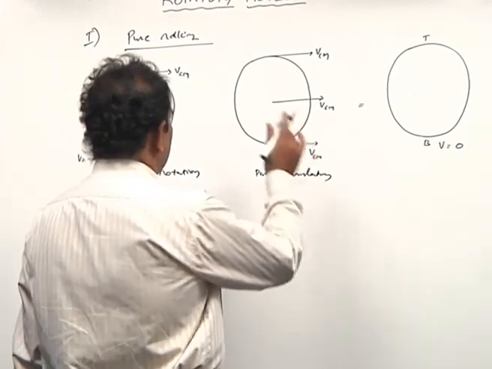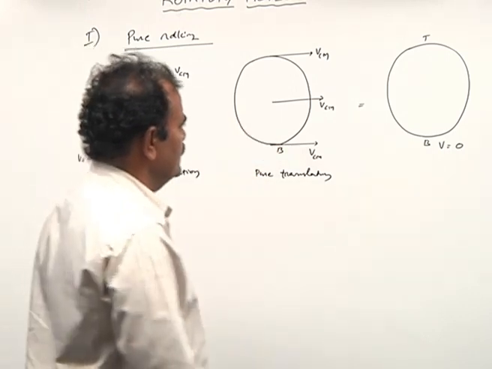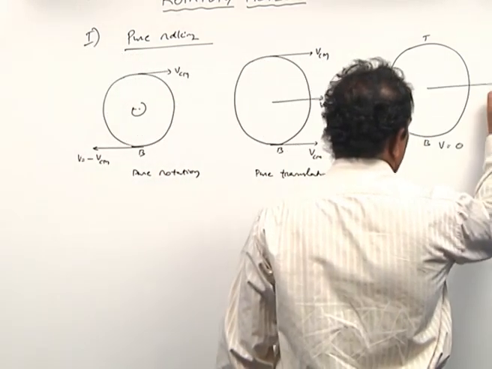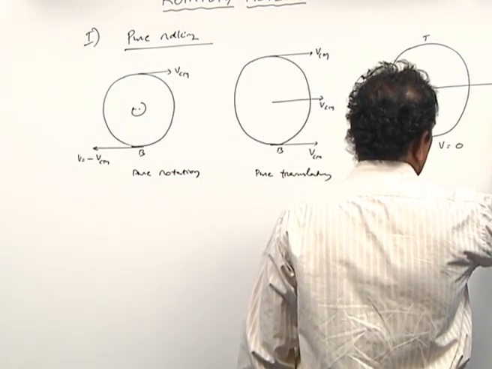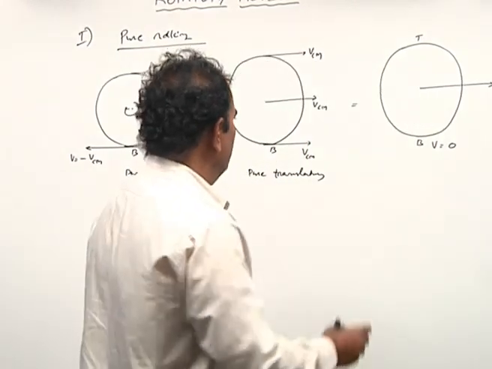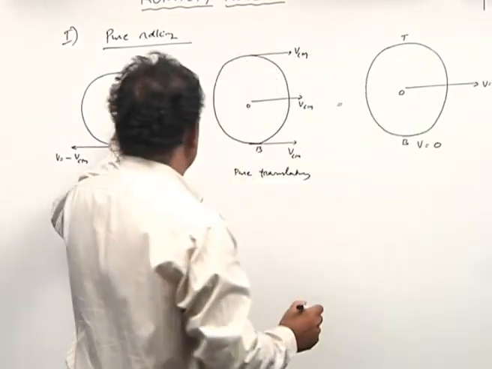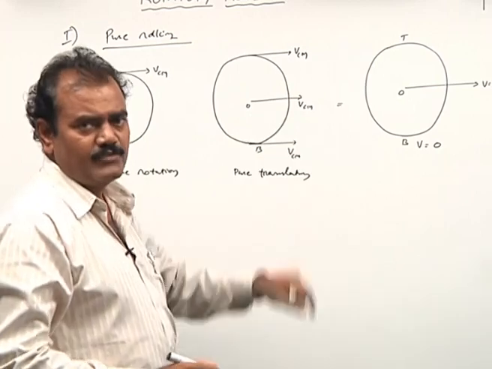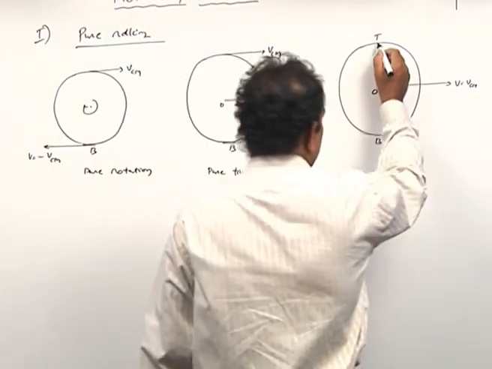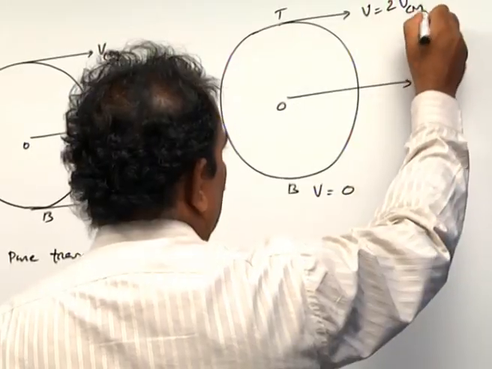Next, at the center, it is a combination of 0 and v center of mass, so in rolling motion v is equal to v center of mass. Now, at the top, it is a combination of both of these velocities, v center of mass and v center of mass, so v is equal to 2 v center of mass.